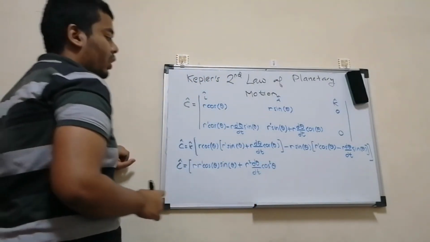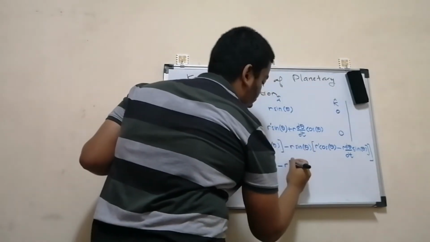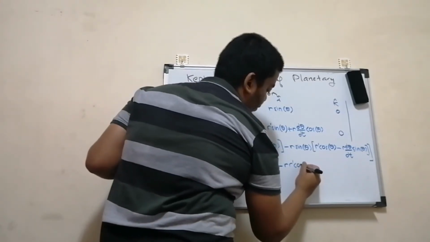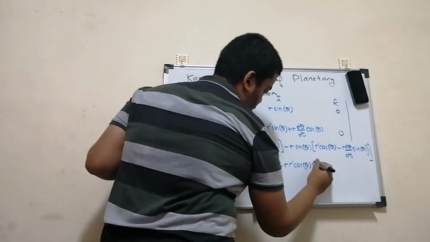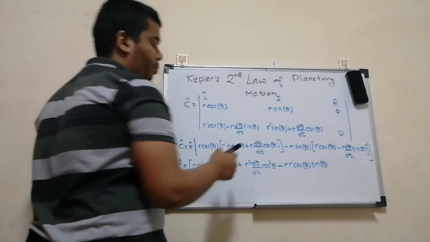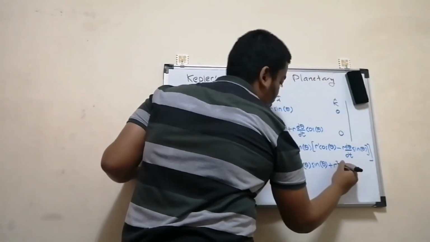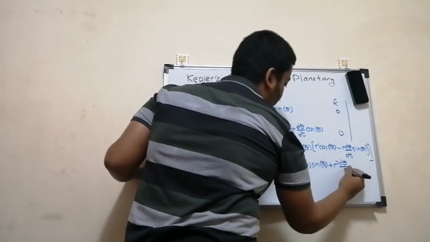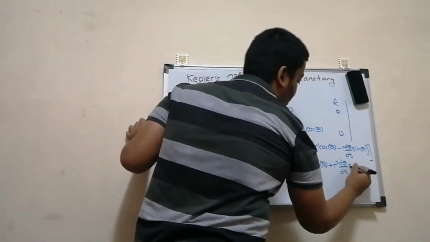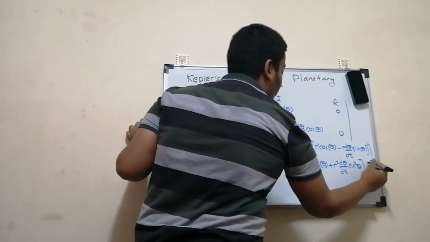Then we will have negative, minus r into r prime cos theta sine theta, and then we will have positive, because negative and negative will be positive, r squared d theta over dt sine squared theta. And the whole thing is the k component.